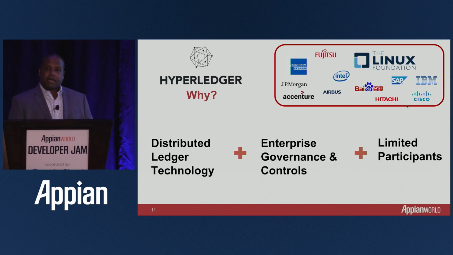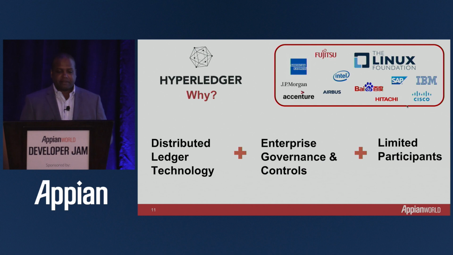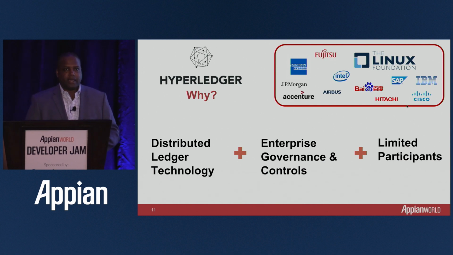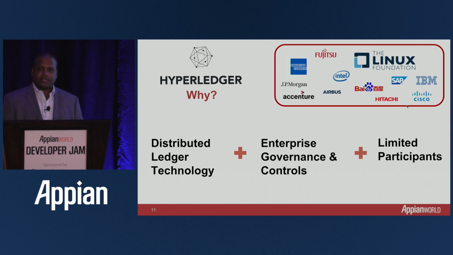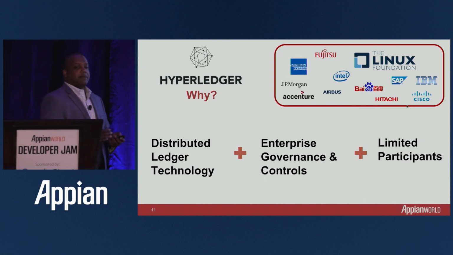So Hyperledger, like blockchain, like Ethereum, is a distributed ledger technology. It was made with the specific purpose of figuring out how to use this in enterprise, how to leverage enterprise governance and controls, and specifically how to address enterprise needs. It also wanted to make sure that it could limit participants.